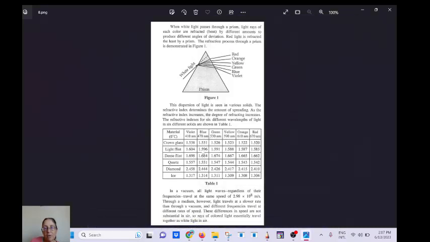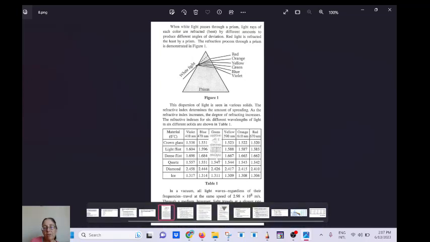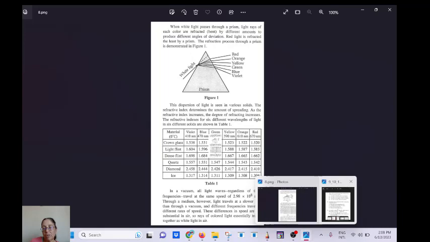So blue is here, quartz 1.551. So the most refraction that you will get is green light going through dense flint. So that was an easy question. It's just for you to read the table.